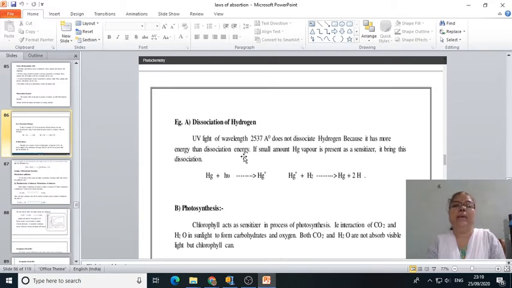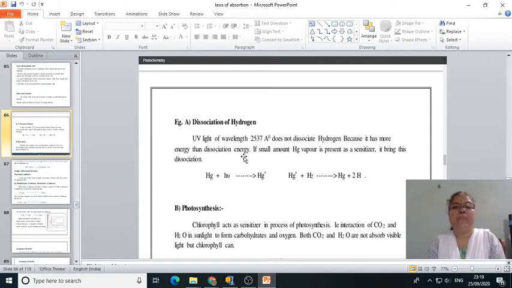It is not able to absorb the light radiation of wavelength 2537, though this wavelength has a greater energy than is needed for the dissociation of the hydrogen molecule.